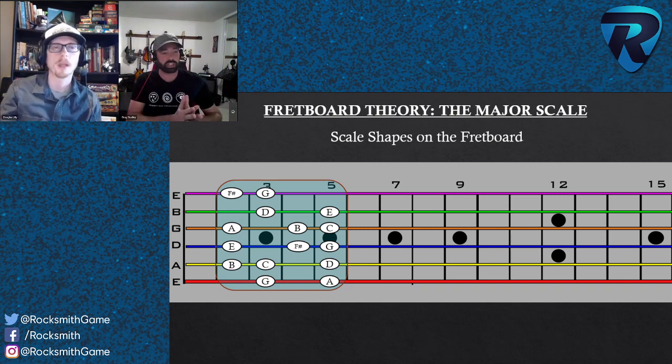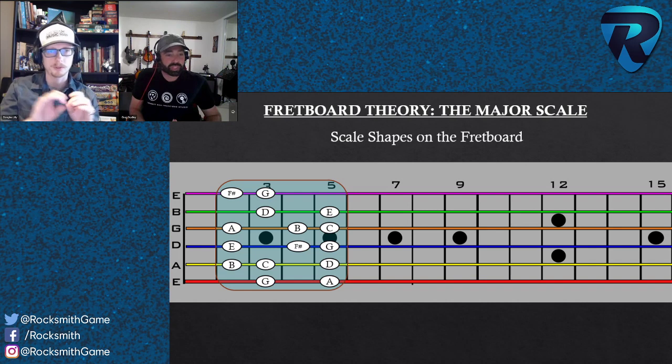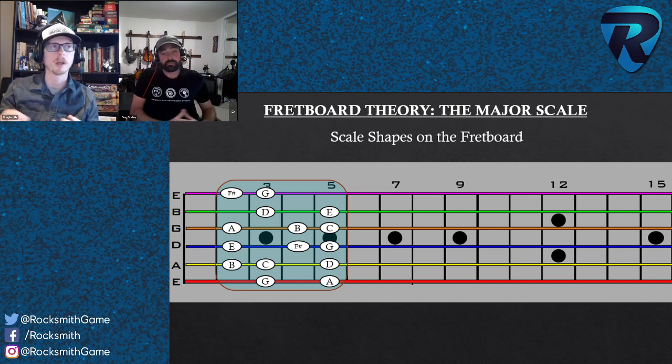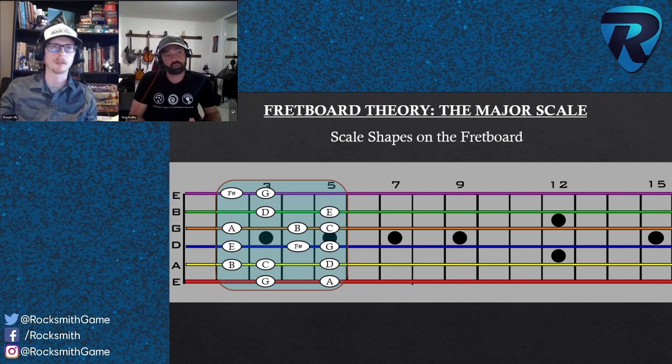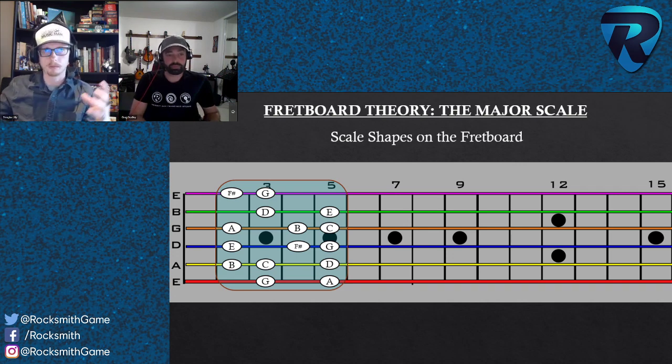Sure. Well, I do want to say, back when you had the scales laid out across each of the strings, we had the G scale, the C scale, and so on. Because the intervals are the same for a major scale, no matter where you start from, you could shift that down to the 2nd fret, to the 1st fret, to the open fret. As long as you stick with those intervals, that's the scale that will remain. Exactly.